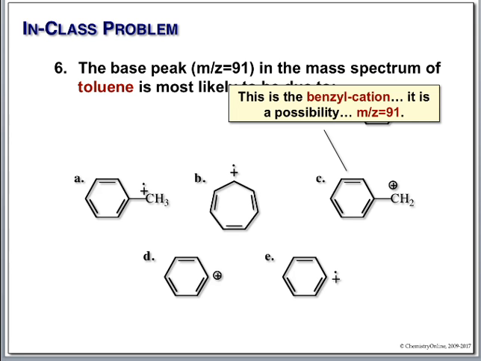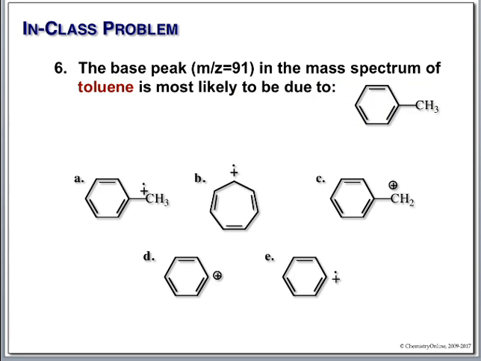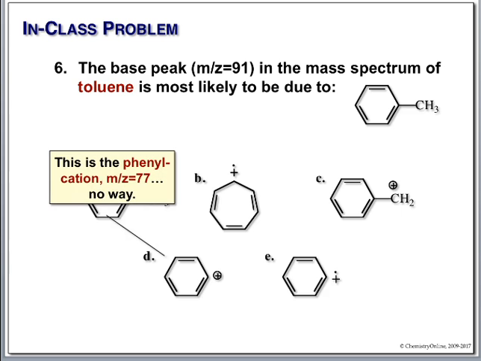If we knock the methyl group off of toluene, we would get phenyl cation. Phenyl cation is C6H5+ with a mass to charge of 77. So that's not 91. We can rule it out.